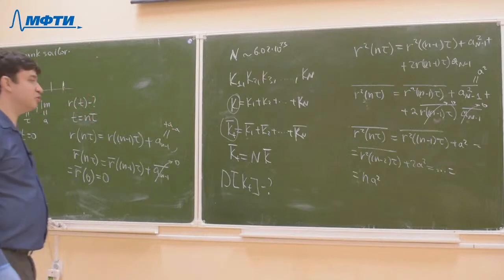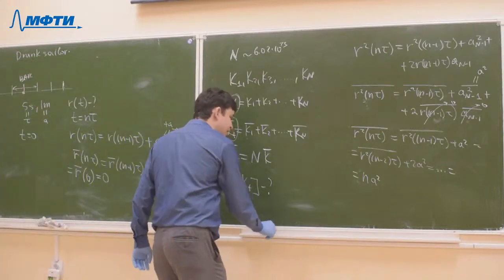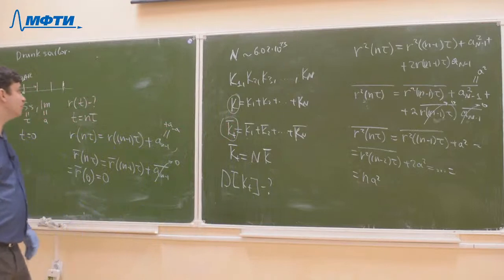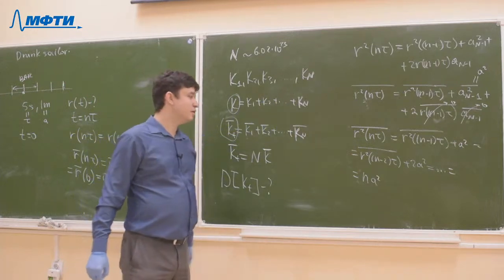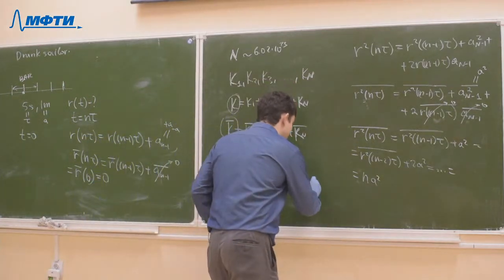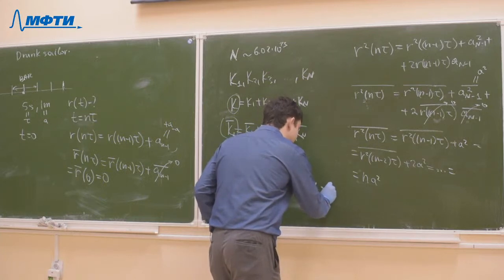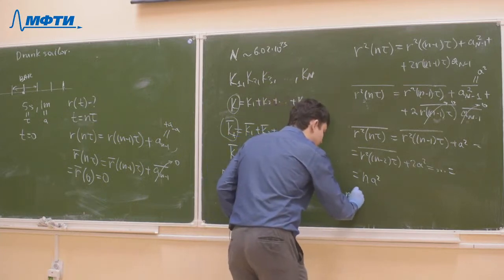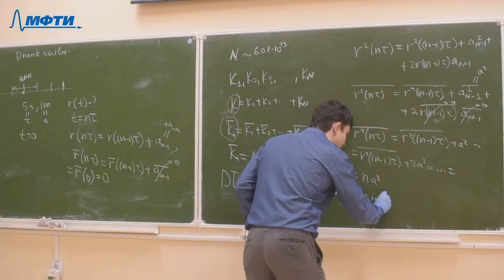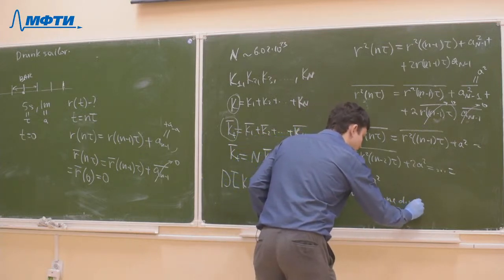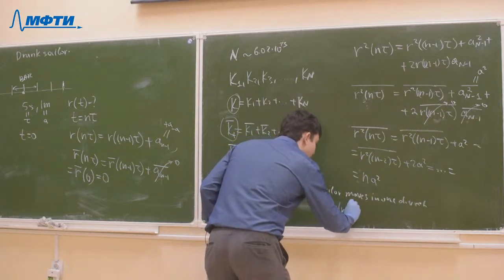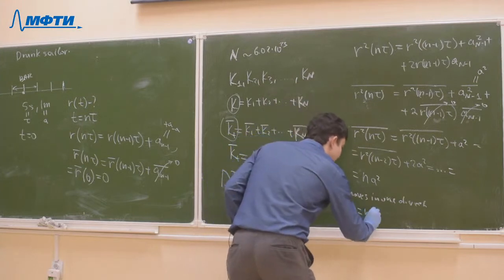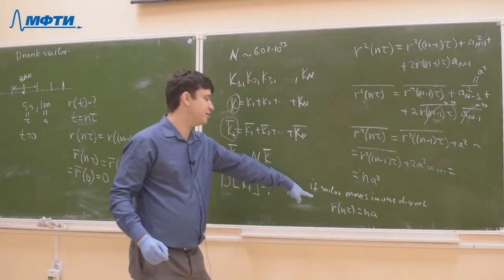It's quite an unusual behavior, I would say. If the sailor always moves to the right, moves in one direction, then the distance r(n tau) will be equal to n a.